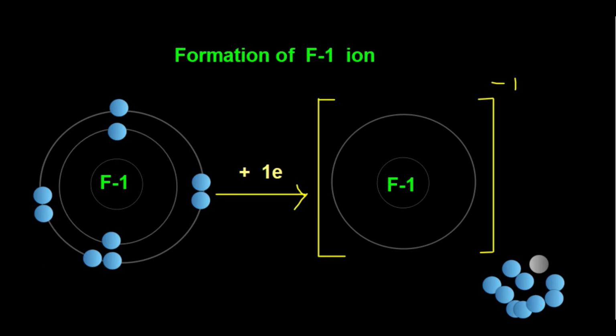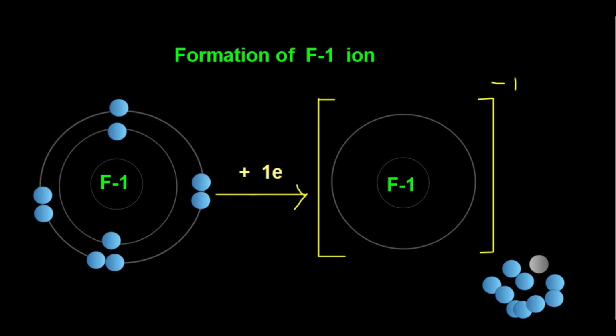In a chemical reaction, when fluorine gains 1 electron, it changes to the fluoride ion. The fluoride ion has 8 electrons in the valence shell. Now its electronic configuration matches the noble gas and it becomes stable.